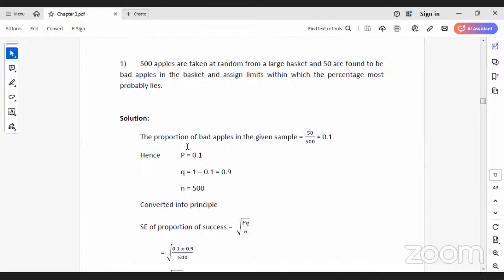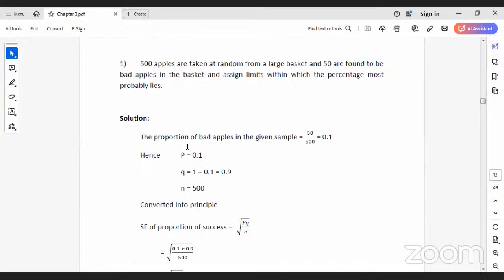So these 50 bad apples, see, generally in the basket, how many trays will be there? Generally 500 apples are there. So in tray 1 there are 50, in tray 2 50, in tray 3 50. In this way, sometimes 10 trays are there, or 50 trays will be there, with 10 apples in each tray.